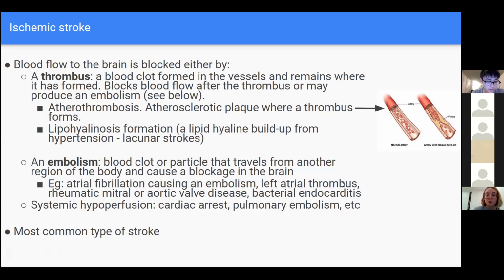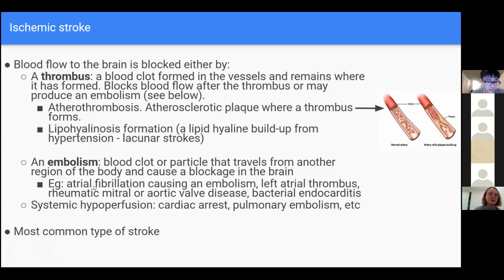We also have left atrial thrombus. We have, for example, rheumatic mitral or aortic valve disease, where basically an embolism from the rheumatic disease will go into the brain. There's also bacterial endocarditis, etc. There's really a lot.